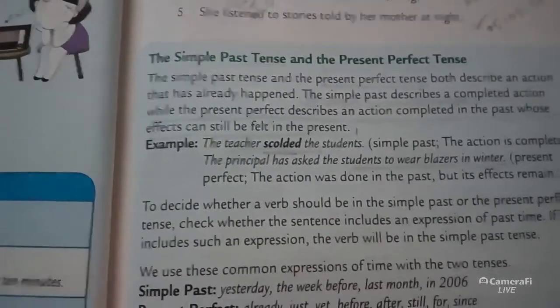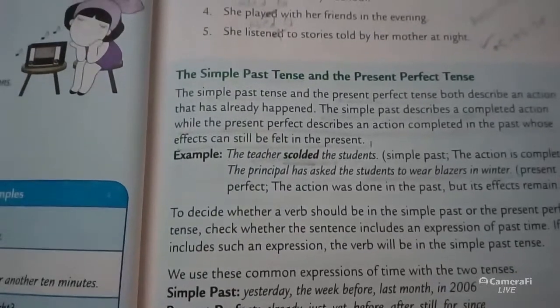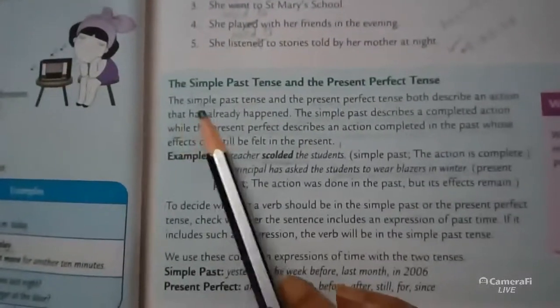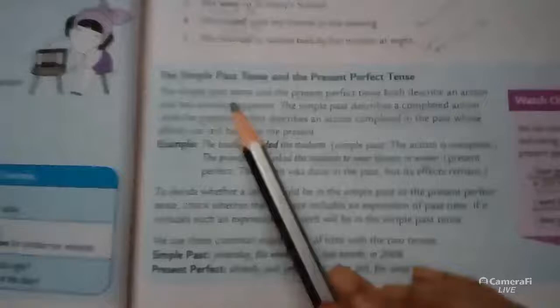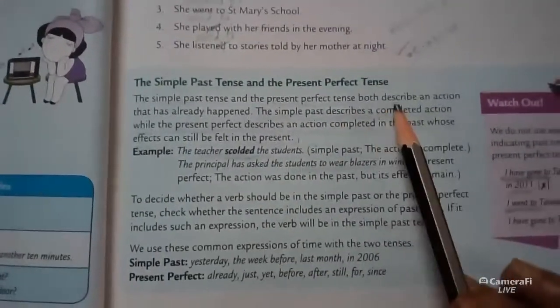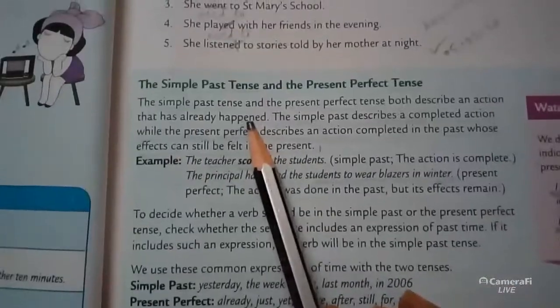Now simple past tense and present perfect tense. What is the difference and where do we use these two tenses? The simple past tense, here just now I taught, and the present perfect tense, in last page I taught, both describe an action that has already happened.